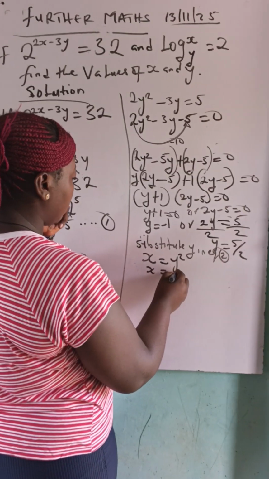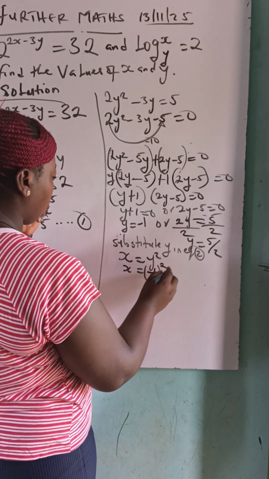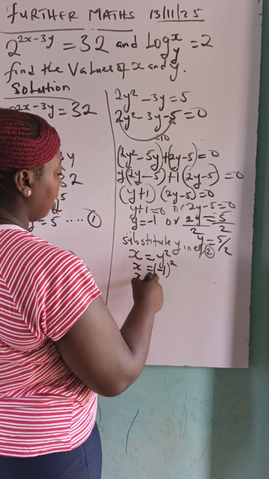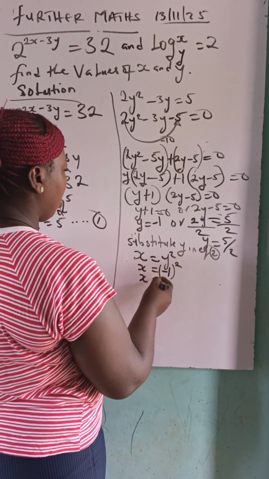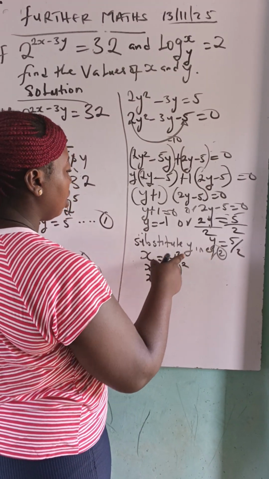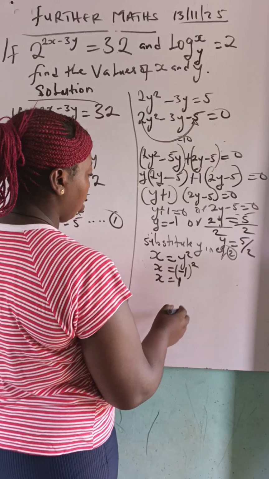Our y here is minus 1, so minus 1 squared means minus 1 times minus 1, and minus times minus is plus, and 1 times 1 is 1.